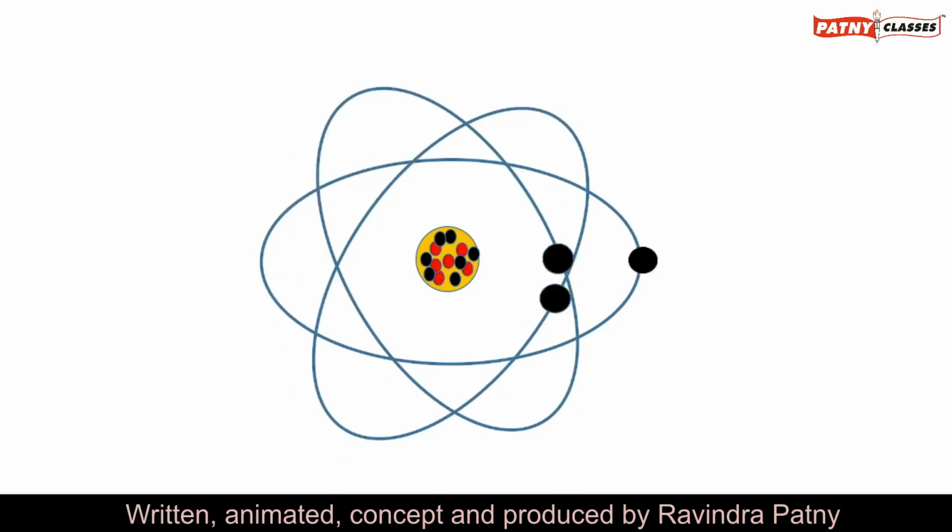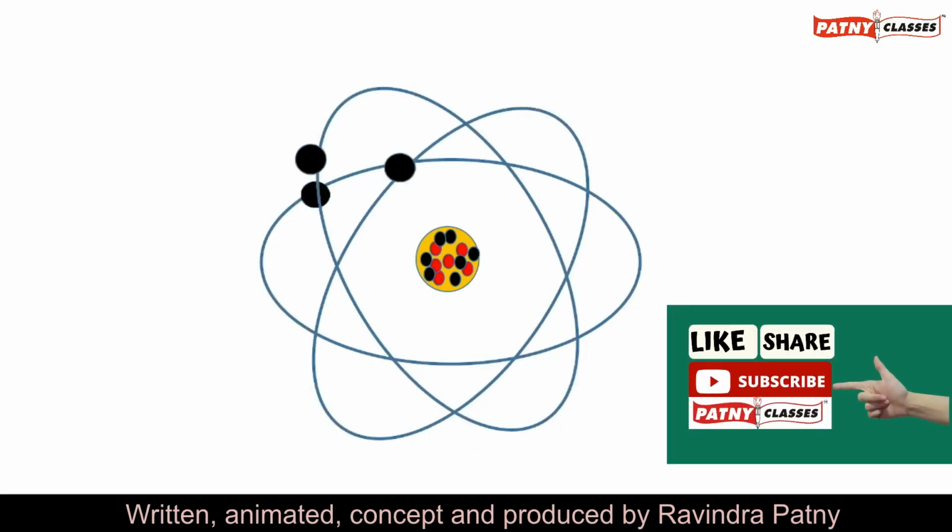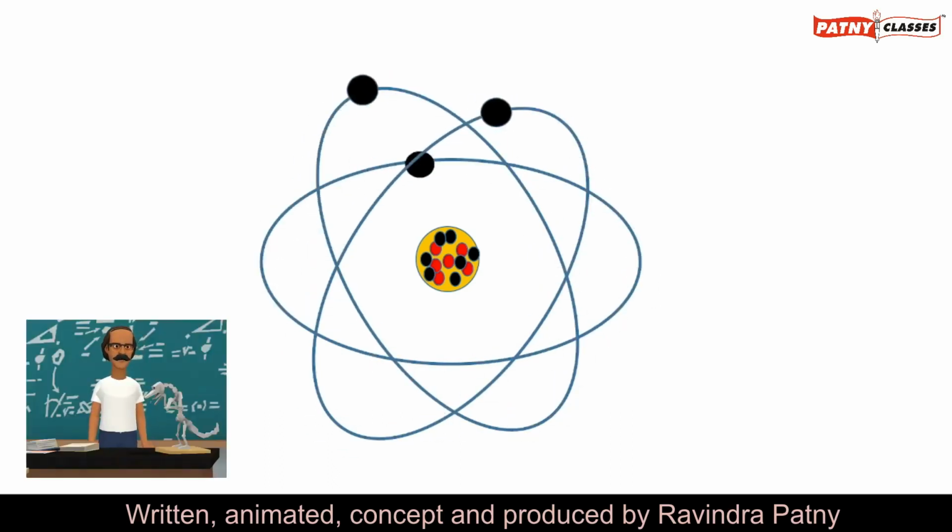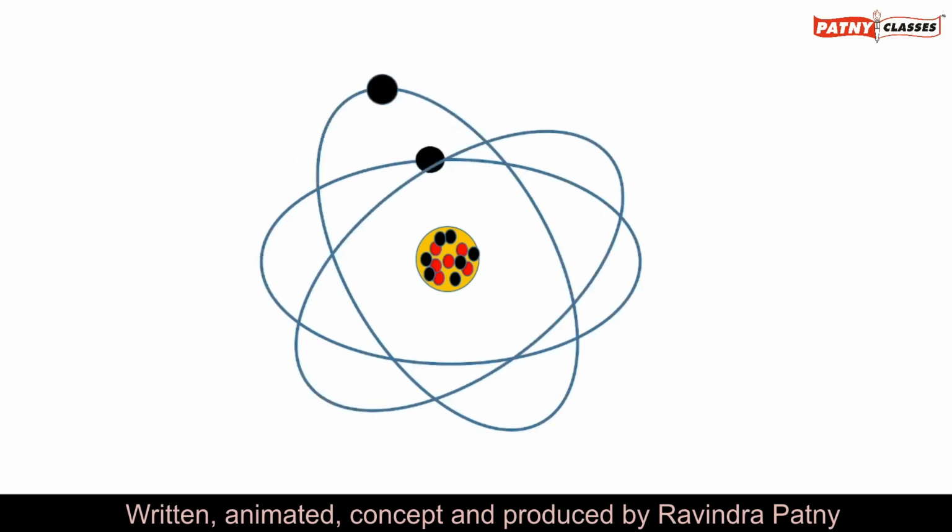They are negatively charged particles. At the center, the proton and neutron are there, and they remain at the center only. They do not revolve or orbit. Only electrons orbit around the nucleus.